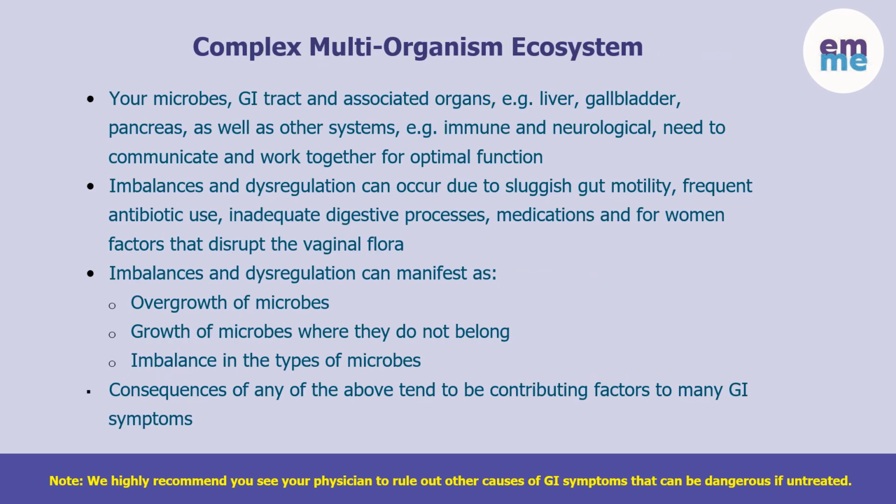So let's talk a little bit about your GI tract and associated systems. Your GI tract interacts with many other physiological organs and systems, and it's really a very complex environment. Interestingly, the number of microbial cells in your gut actually outnumber your own GI cells.